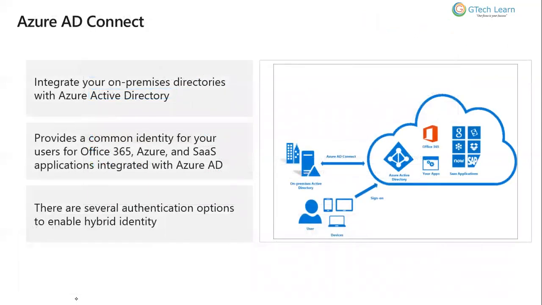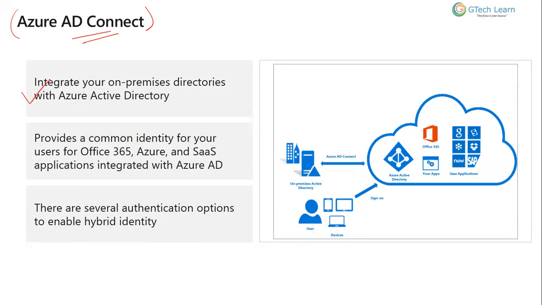Now talking about Azure AD Connect. If we want to set up a hybrid scenario, and sync our on-premises Active Directory users to Azure Active Directory, we can utilize the tool known as Azure AD Connect.